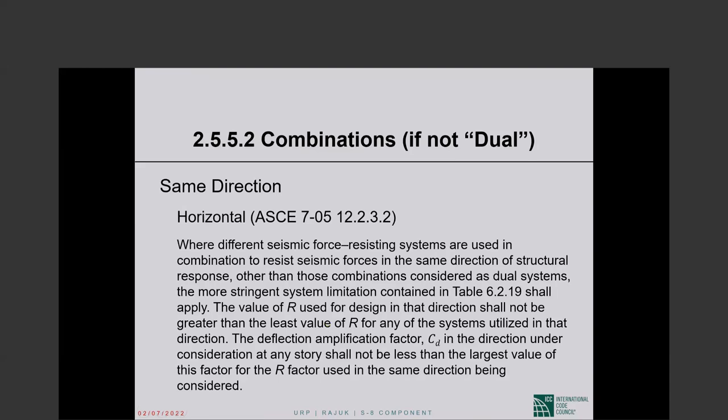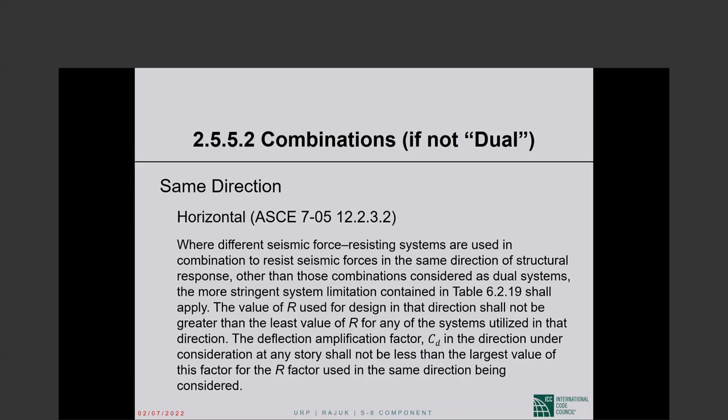Okay, so you string together 3 or 4 different structural systems. The R value will be the least R value for any of those 3 or 4 systems. The C sub D in the direction under consideration in any story shall not be less than the largest value of this factor for the R factor used in the same direction being considered. This is complicated language.